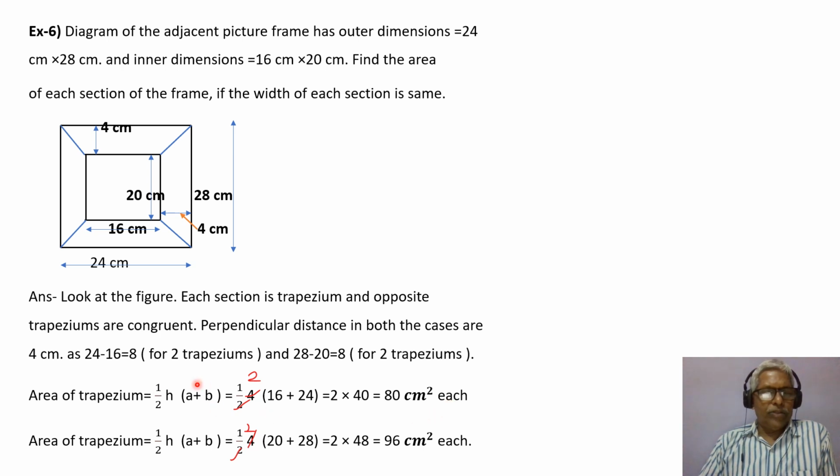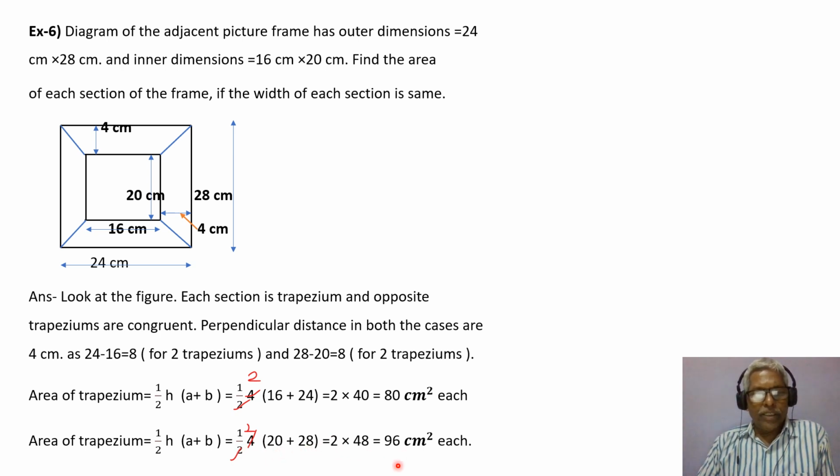This is for one trapezium. For the other, the formula remains the same, half h into (a plus b), or half into 4 into (20 plus 28). So this goes 2, and 20 plus 28 is 48. That is 96 centimeters square each.